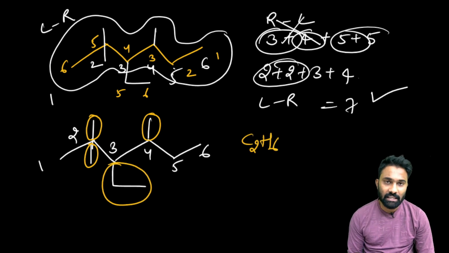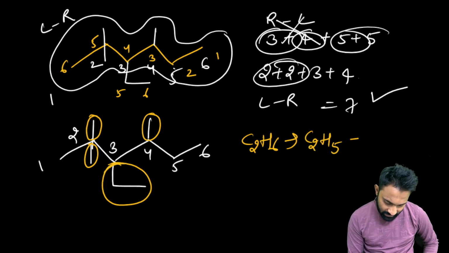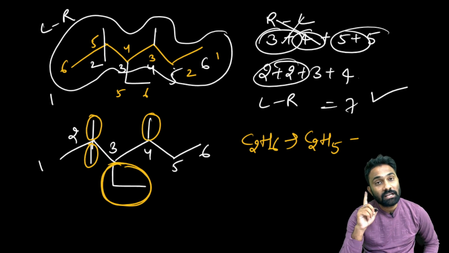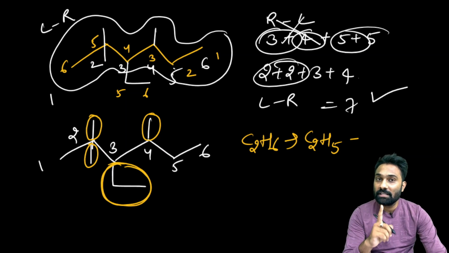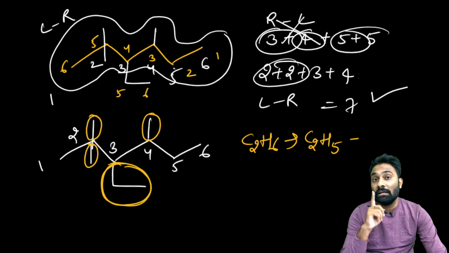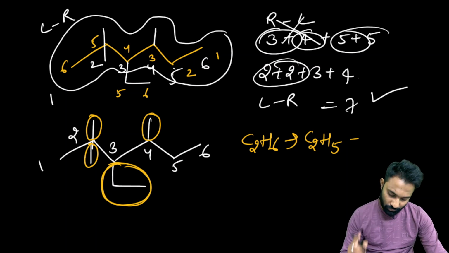C2H6 is ethane. If you remove one hydrogen from the ethane, it will become ethyl. Now this is an ethyl substituent, right? Now the naming: whenever you are naming the substituents, you have to follow the alphabetical order of the substituents.